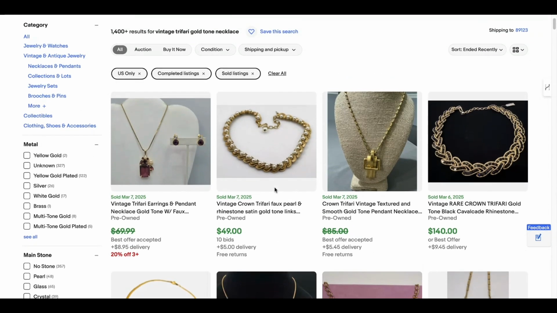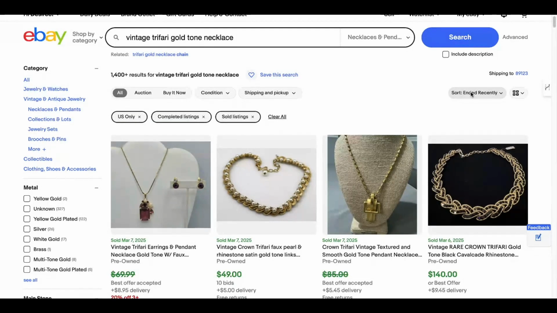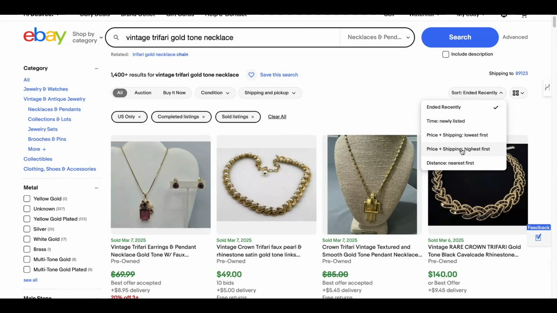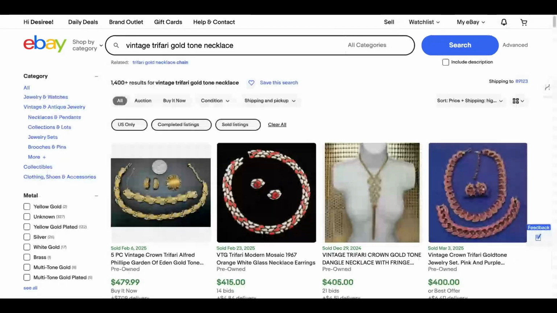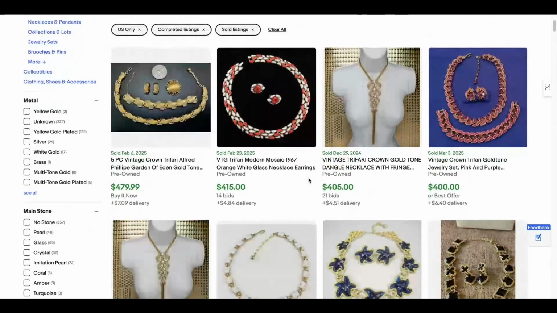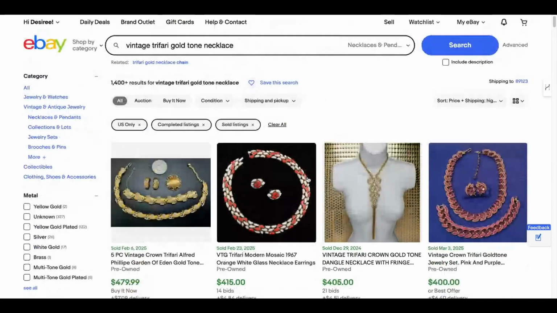Now, what I like to do is sort price plus shipping highest first, because I want to know what is selling for the most amount of money as it relates to the particular jewelry piece that I am searching for. Now, 1,400 is still a lot of listings to scroll through. So in this case, we want to add in some more keywords.